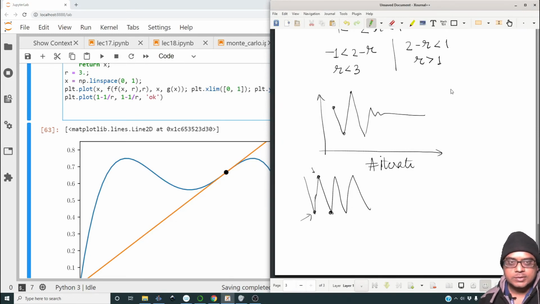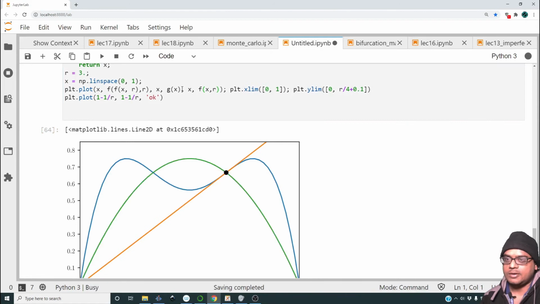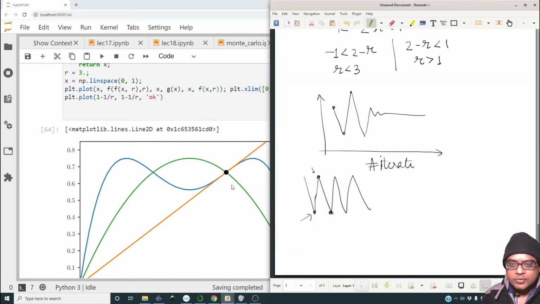So let me also plot x comma f of x comma r. So the green curve intersects the orange curve, and at this parameter, at r equal to 3, it was a stable point. But beyond 3, it becomes an unstable point. And beyond 3, after it becomes an unstable point, we see that it oscillates between two iterates.